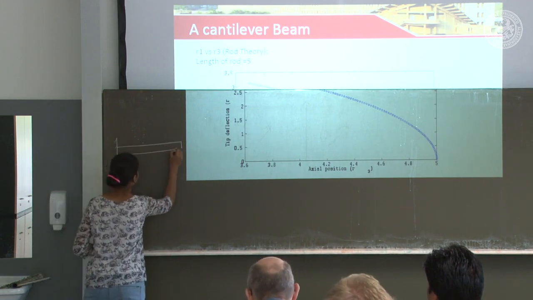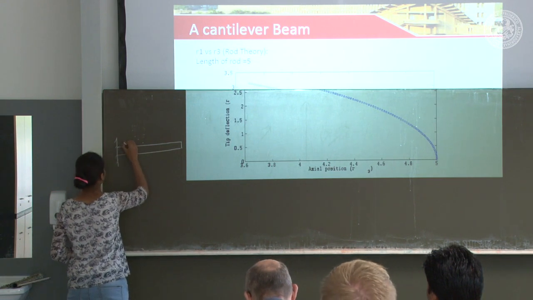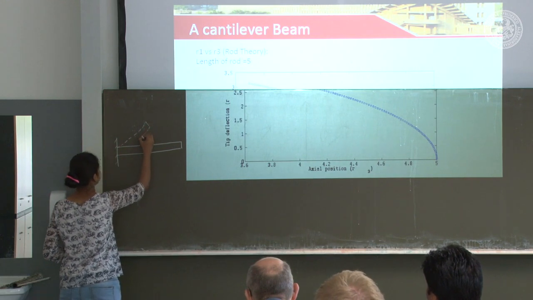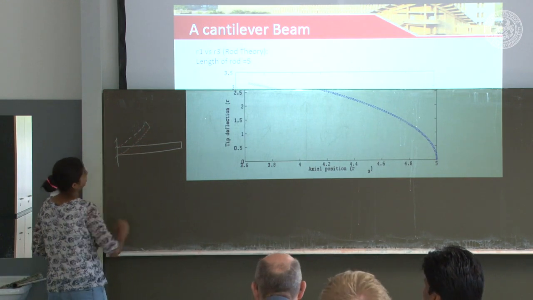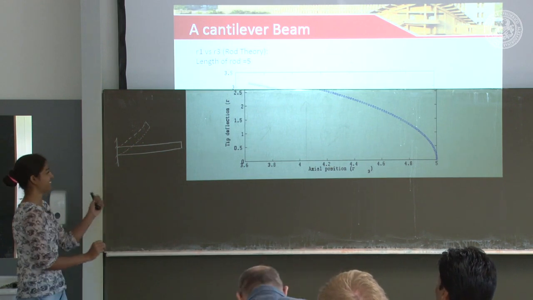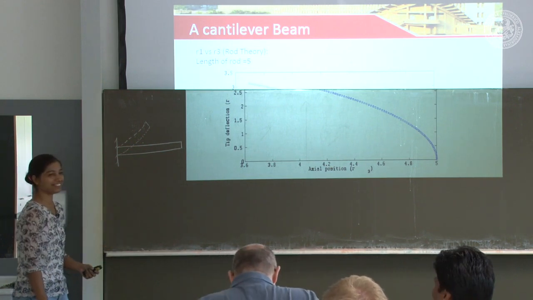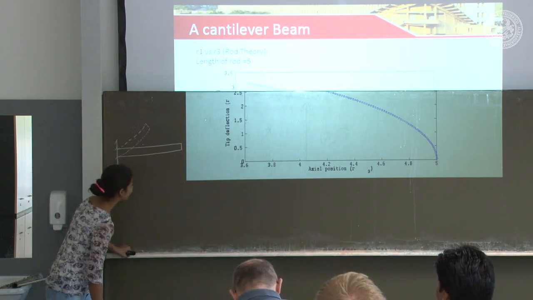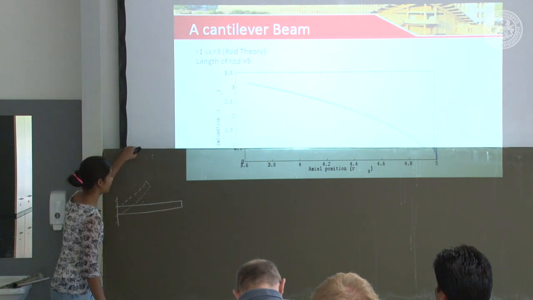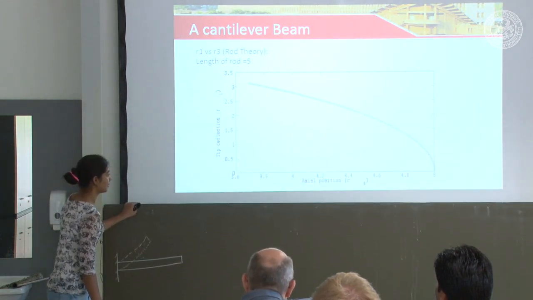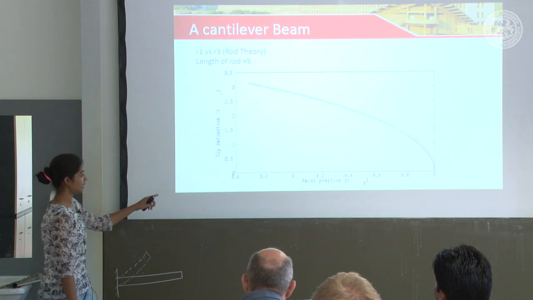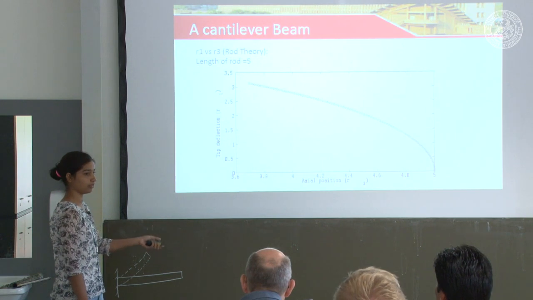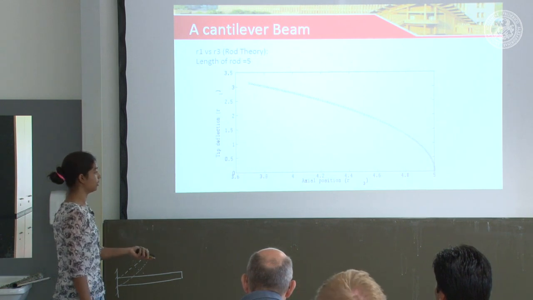Initially it is like this, and then it will displace and look shorter. This kind of behavior we don't see in Timoshenko and Euler-Bernoulli beam theories, only in rod theory.